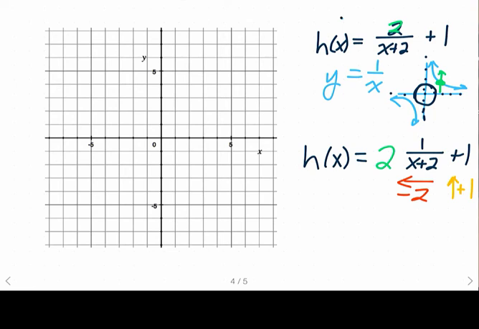So that point at the origin, not on the graph, obviously, just a place where two lines cross, is going to be moved to the left by 2 units and then up 1 unit. So that's going to be at negative 2, 1. Now what I'm visualizing here is this is where the y-axis would be. It's been moved to the left 2 units, so to speak.